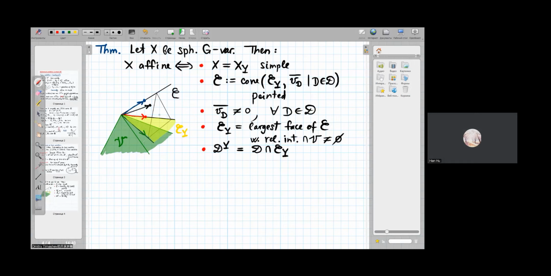They belong to C, but they do not belong to Cy. So this is the picture, how all these things look.